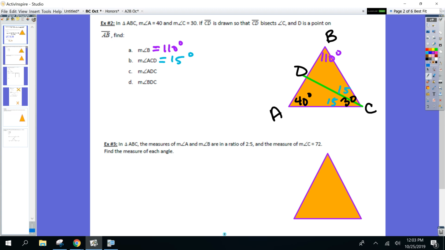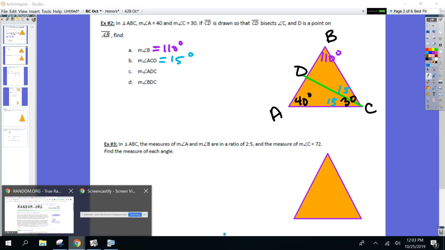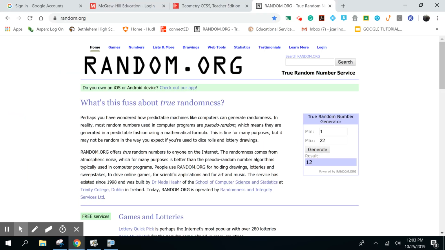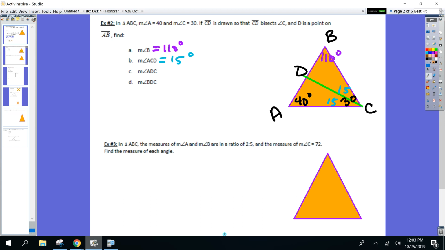How about ADC now? Angle ADC. ADC, I already have 40 and 15, right? I have a 40-degree angle and a 15-degree angle, and they all add up to 180.